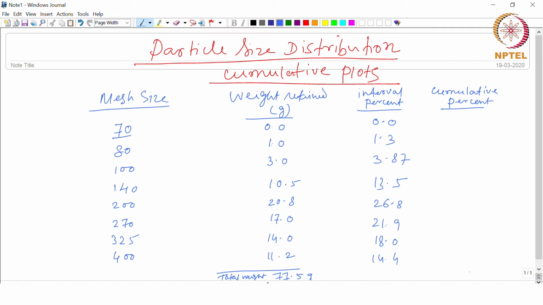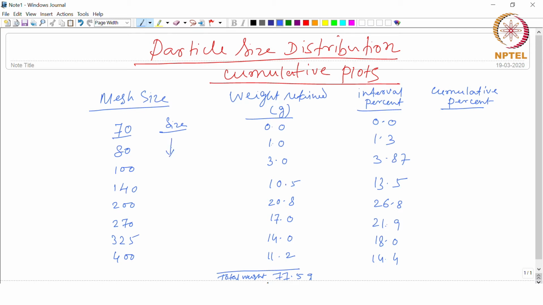So, here you can see the size, since mesh size is increasing, the particle size is actually decreasing in this case, right, as you go down.